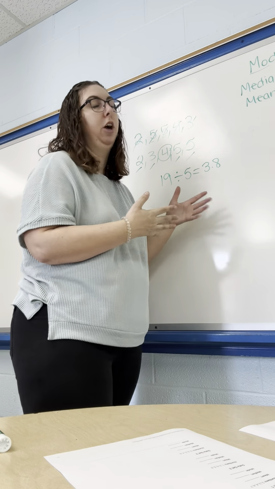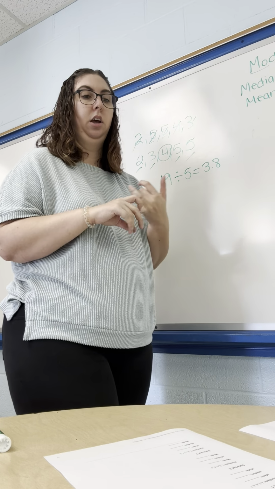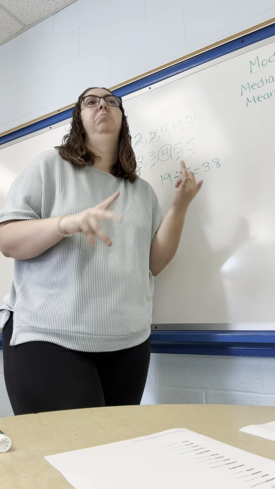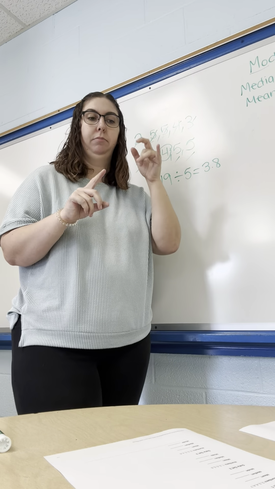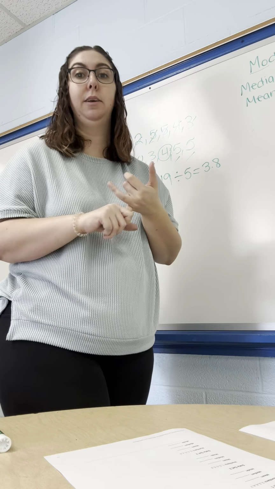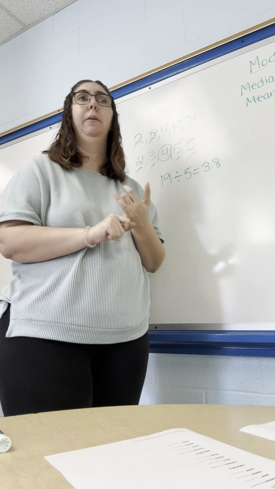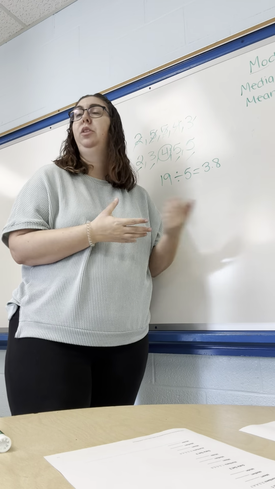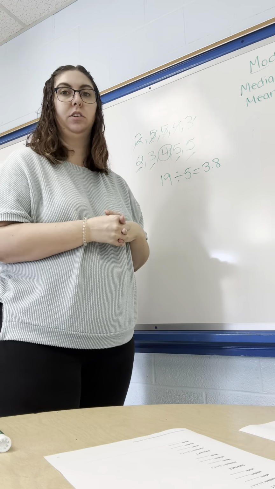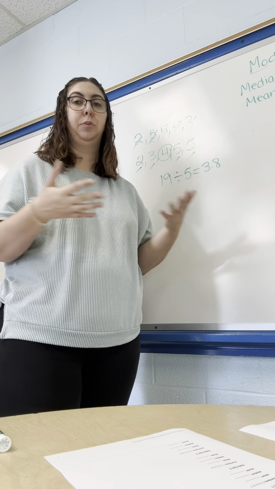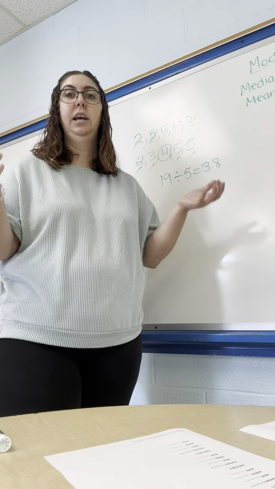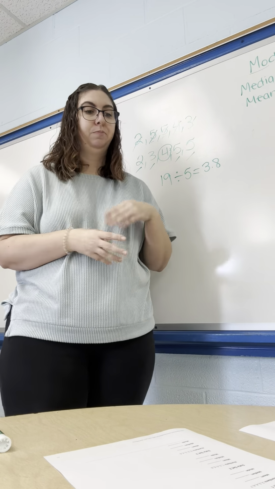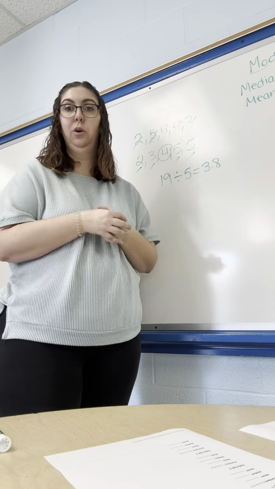And then I will have a couple of examples to where we can use this to find the average of how many shots a basketball player can make in a game, or go back to the candy scenario where we want to know how many pieces of candy each person can get, or how many pieces of pizza each person can get. And that is how we will end the lesson.